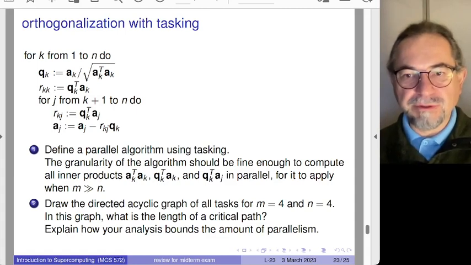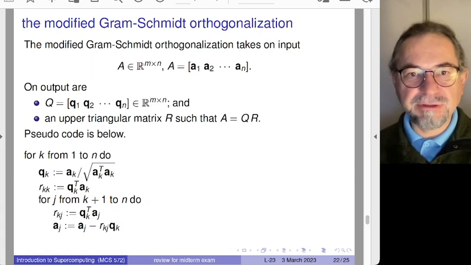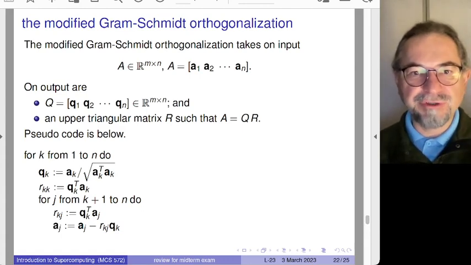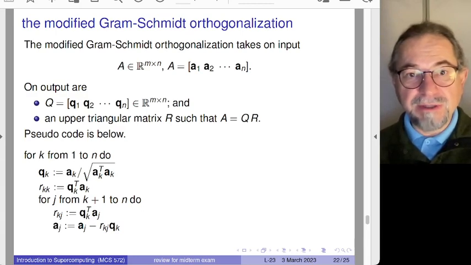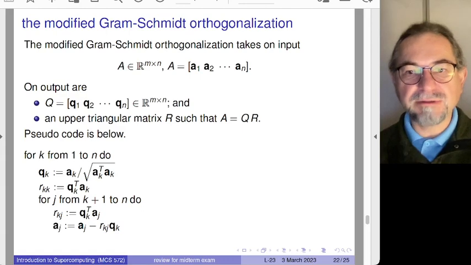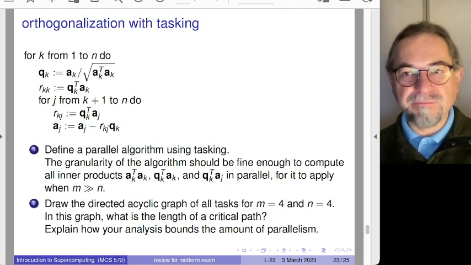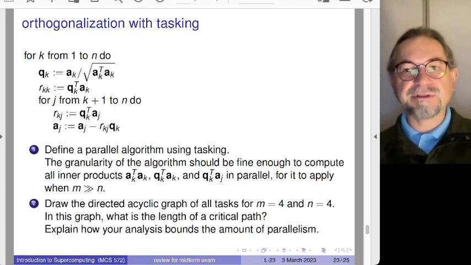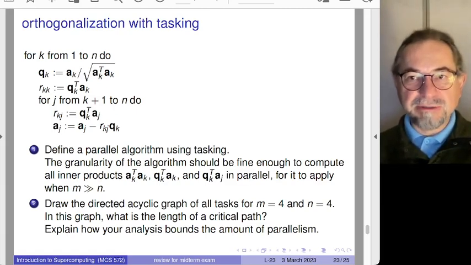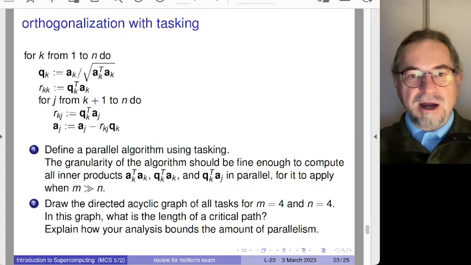Yes, so m is the length of each vector. You could have many rows where m is a lot larger than n. In that sense, you have relatively few vectors, and you shouldn't really consider the parallelism at the outer layer.